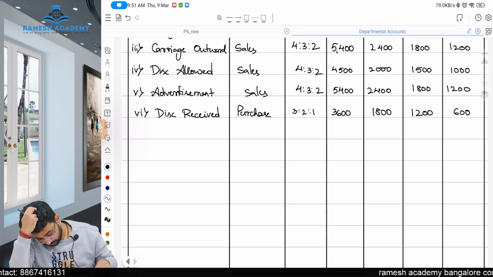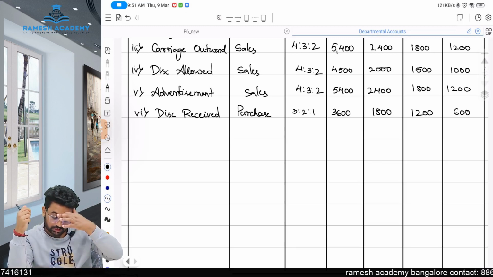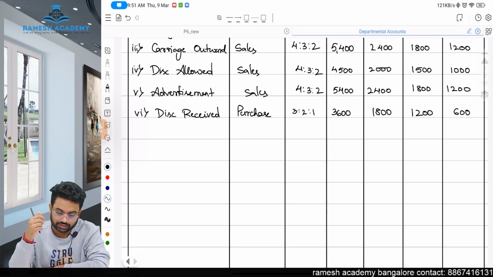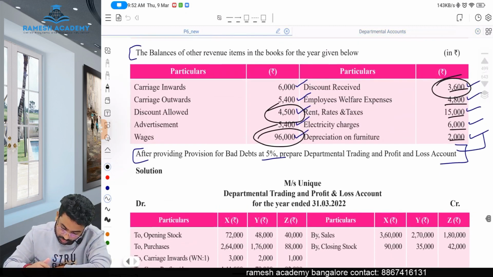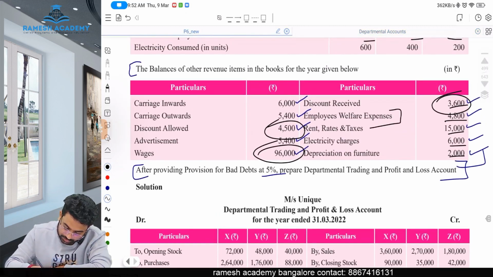So it is 1,800, 1,200 and 600 that the discount received is. Next, sir? Next there is employee welfare expenses.